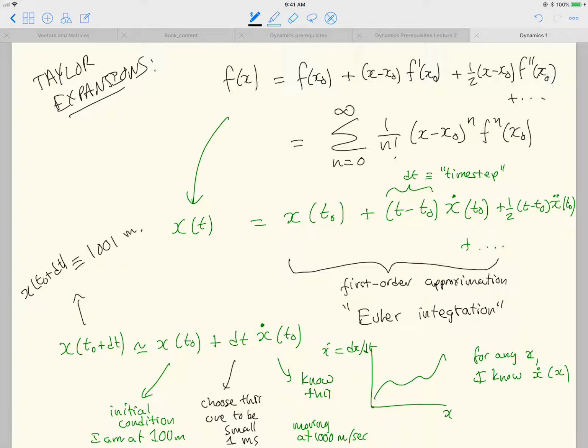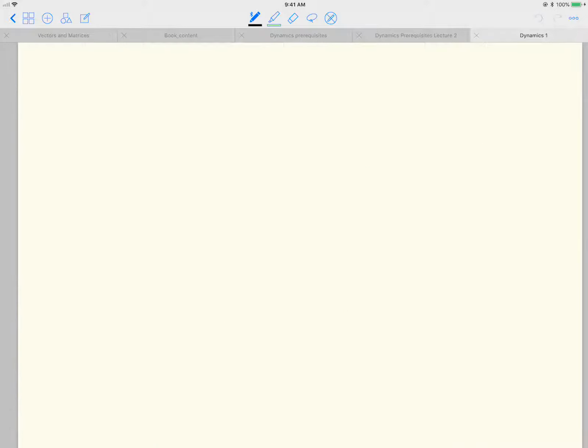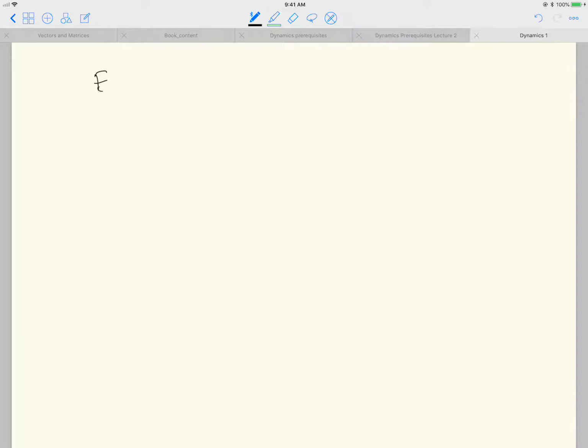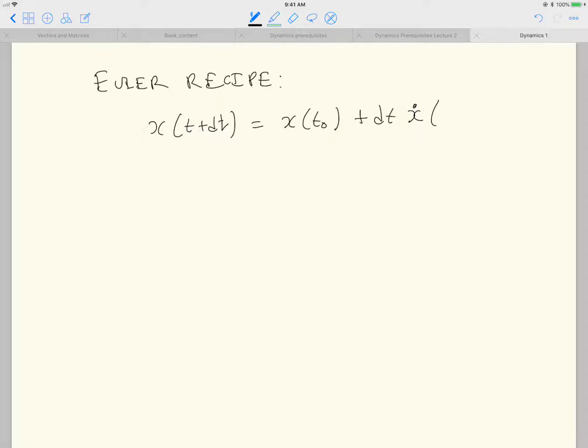So this is a recipe, essentially. The Euler recipe says x of t naught plus dt is equal to x of t naught plus dt times x dot of t naught, evaluated at t naught.